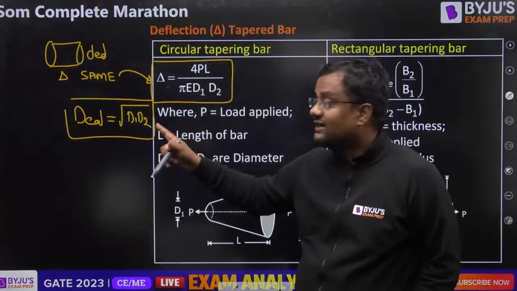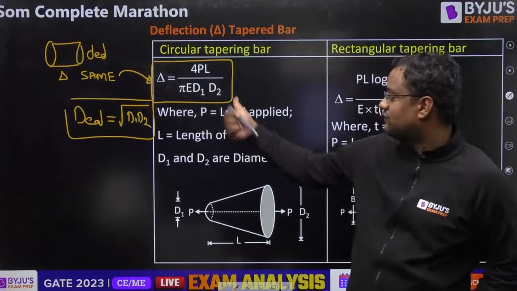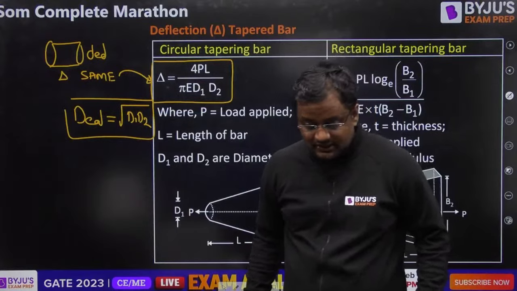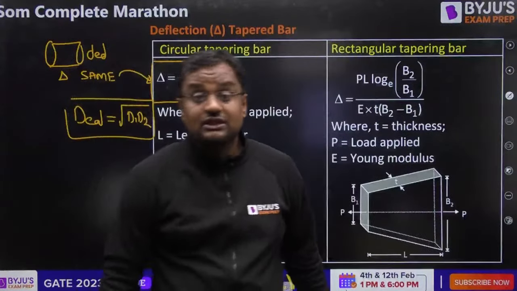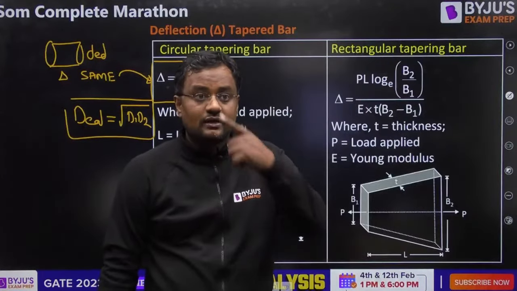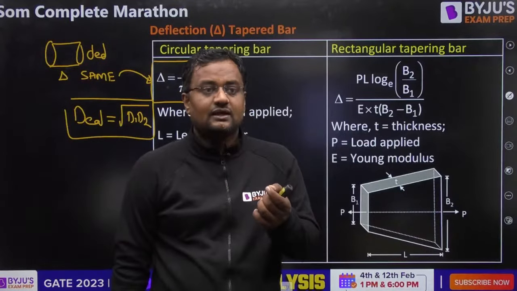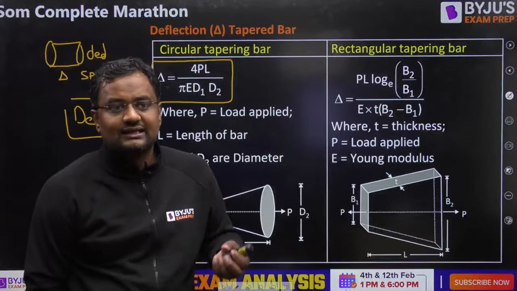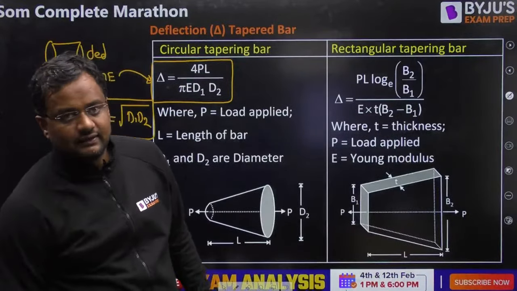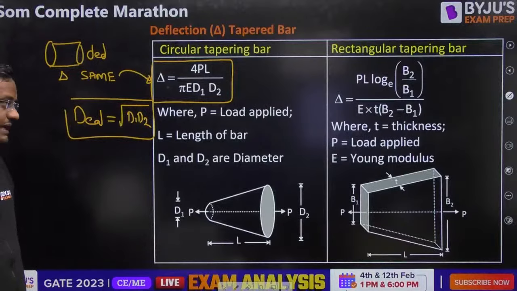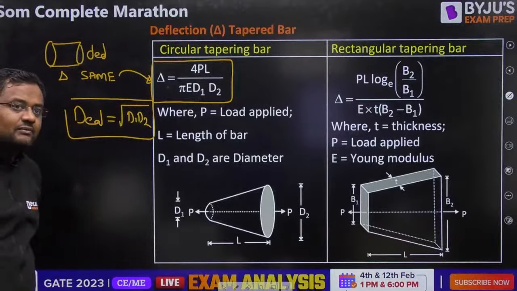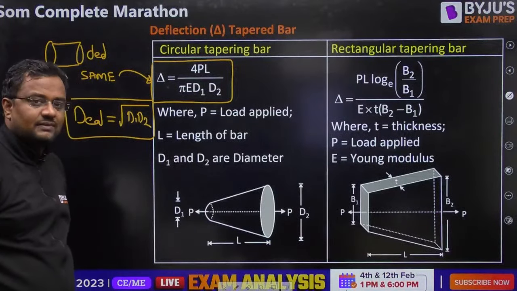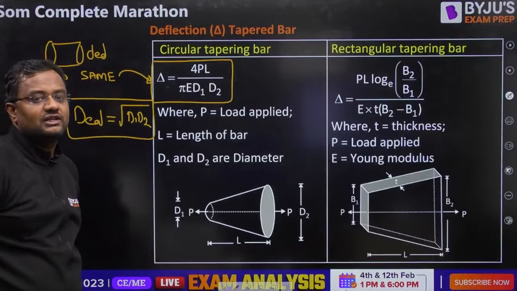If we take a bar of the same length L, application of the same force P, and the same material E, then for the constant diameter bar which should have the same deflection as the tapered bar, D equivalent is this. If somebody takes the average diameter D1 plus D2 by 2, his deflection will be lesser. The strength of the bar should be such that whatever is the maximum axial stress coming on it, the strength should be more than that, so that it does not fail. I can tell the stress, but I don't know the material, so I cannot tell the strength. For safety, whatever is the maximum stress coming, the strength should be more than the stress, if we are considering only axial deformation, no torsion, no bending.